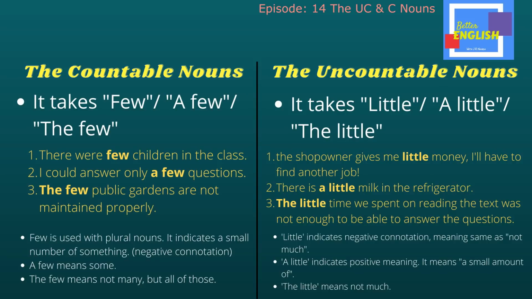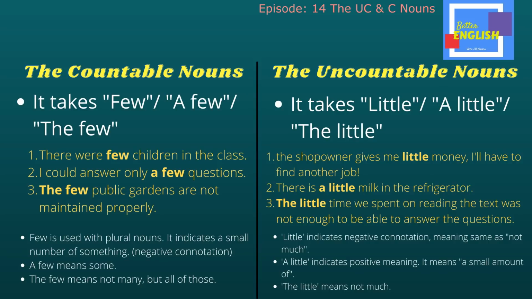The few means not many, but all of those. Look at the example once again. The few public gardens are not maintained properly. What does the speaker try to say here? The speaker tries to say not many public gardens are maintained properly.